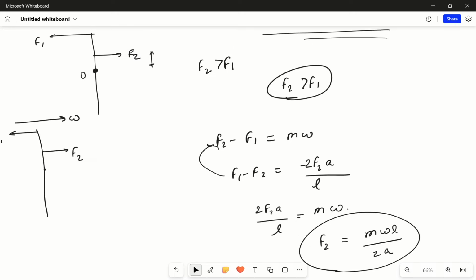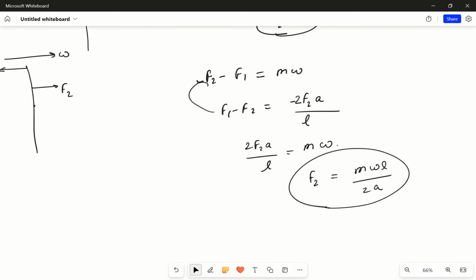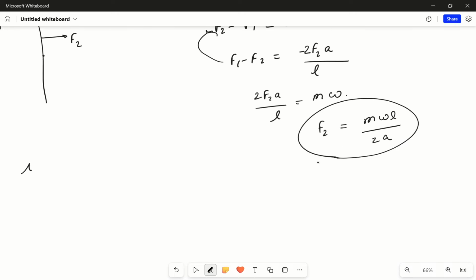Oh sorry, we were asked to find the value of L. So L equal to 2F2A upon MW. So this is the value of L.